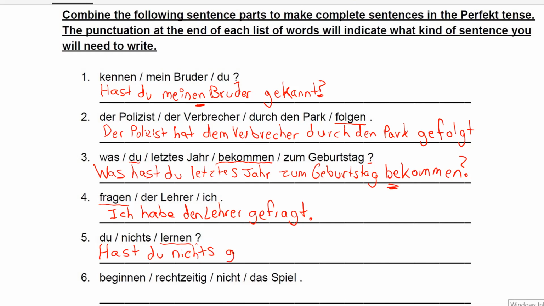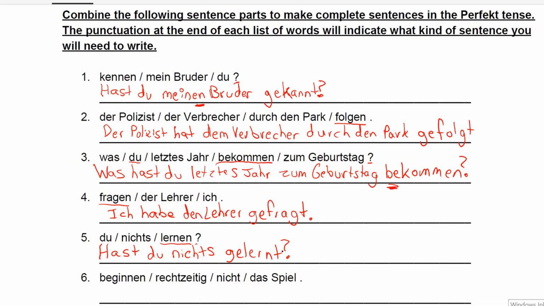And then we have our past participle of lernen, gelernt. Did you learn nothing, or have you learned nothing? Hast du nichts gelernt?